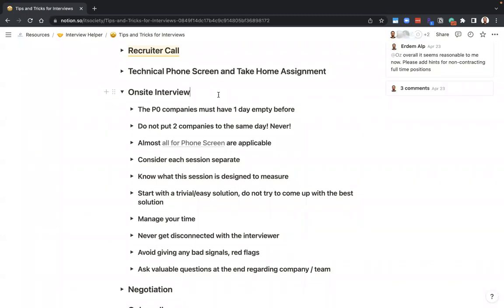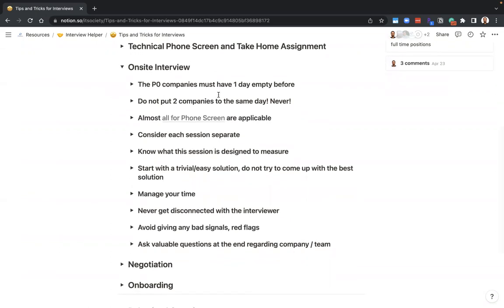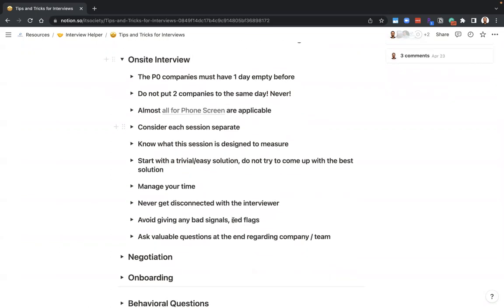They may add additional sessions to your interview panel. So you may get 6, 7, maybe 8 sessions in some companies. As I said, this is the main thing where you have to prove your technical ability to that company and your fit to that job position.